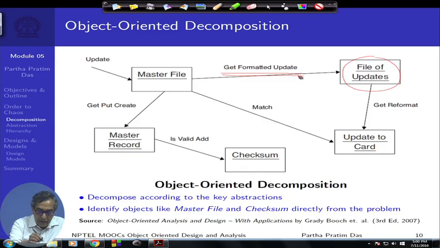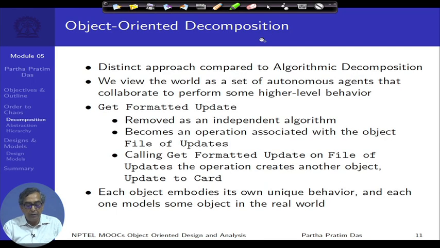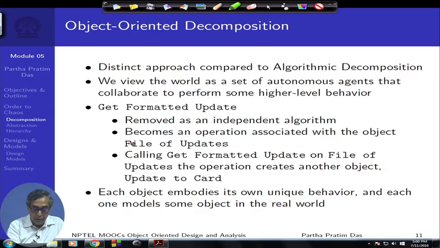So, this is the change in structure that is happening between the algorithmic and the object oriented decomposition. That is why we are saying that now this get formatted update becomes an operation associated with this object.